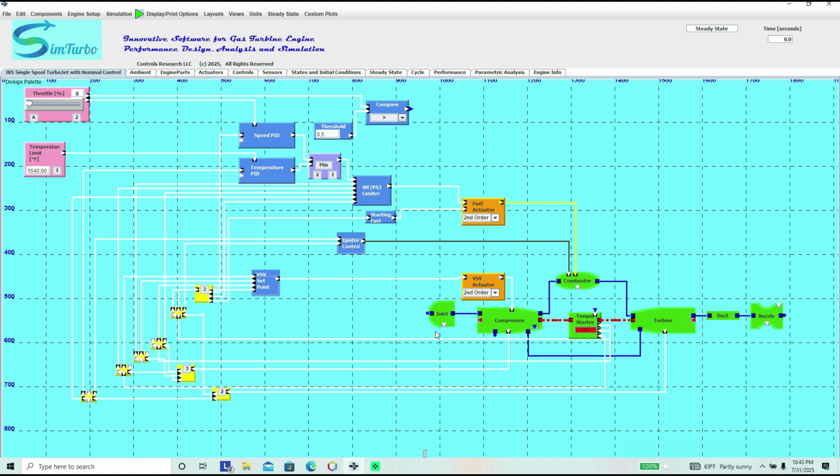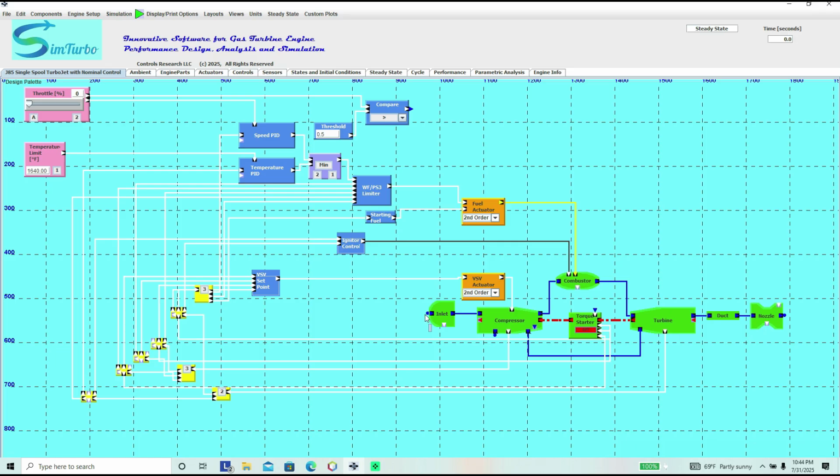And finally, we get to the engine components. The inlet, compressor, combustor, torque starter, turbine, the duct downstream of the turbine, and the nozzle of the jet engine. The connections, the lines, show the airflow going from the inlet to the compressor.